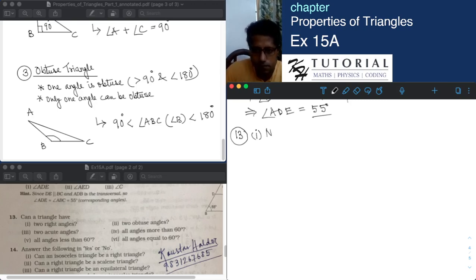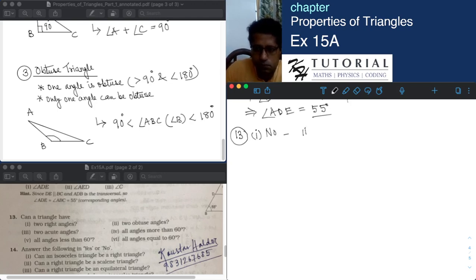No, because if there are two right angles, the sum of those two right angles will be 180 degrees, and we know that the sum of three angles is 180 degrees. So if two angles are right angles, the third angle has to be 0. Now in a triangle, no angle is 0. All angles in a triangle are greater than 0. That is the reason in a triangle there cannot be two right angles.